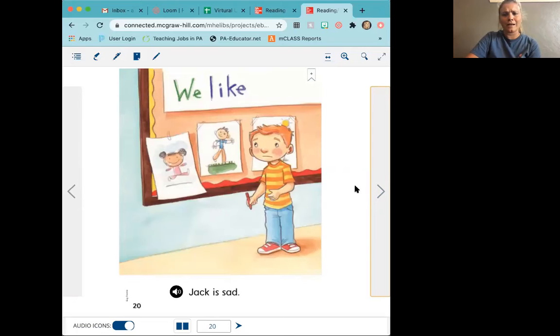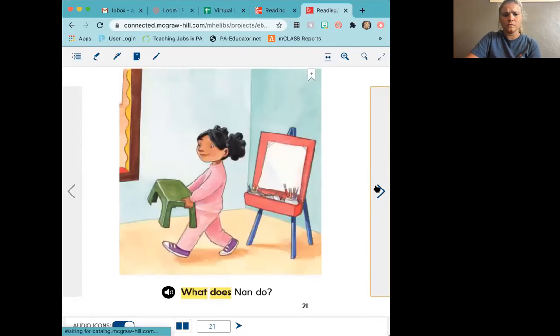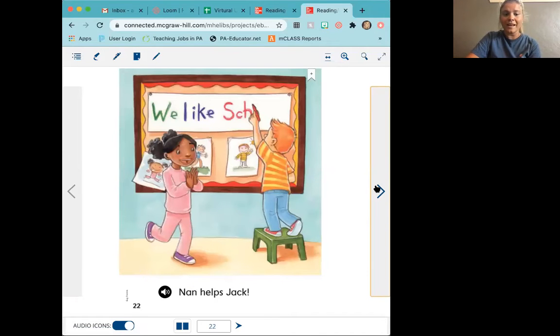Jack is sad. What does Nan do? I want you to think to yourself, what is Nan doing right now to help Jack out? She's bringing him a stool. Nan helps Jack. Now remember, when we have that exclamation point at the end of a sentence, we need to give some type of enthusiasm when we are talking.